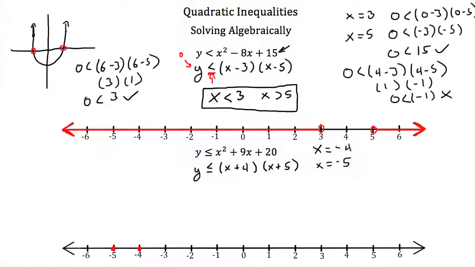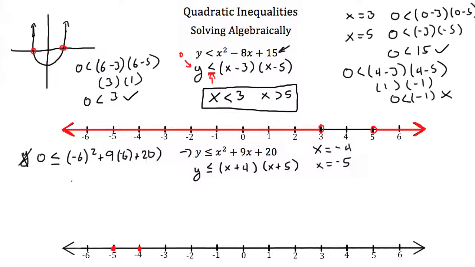First I'm going to do to the left of negative 5. So I'm going to plug in negative 6. And I'll plug it into the original equation this time. So we'll have y, which is 0 right now, is less than or equal to negative 6 squared plus 9 times negative 6 plus 20.